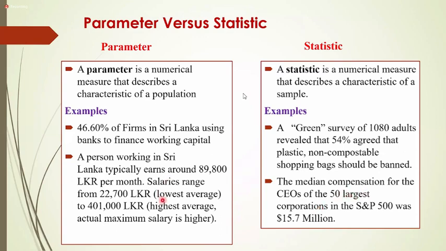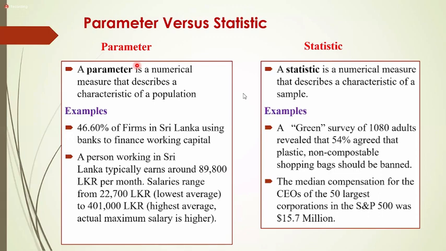But in this case, the mean is a numerical measure that is a parameter. Why are we saying that this is a parameter? We calculated it for the whole country, Sri Lanka. So the parameter and statistic both are numerical measures, right?